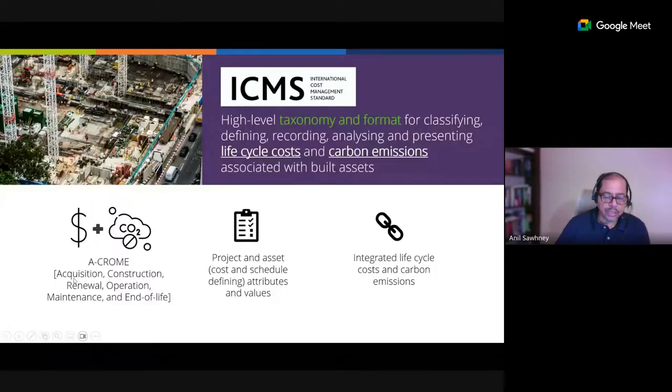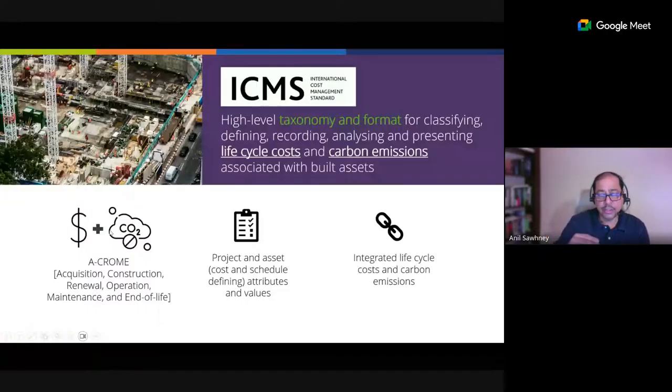ACROM stands for acquisition, construction, renewal, operation, maintenance, and end of life. So something familiar, similar to the information modules that you've seen in 5978, as well as the RICS WLCA standard. Using this taxonomy, the cost and carbon are reported.